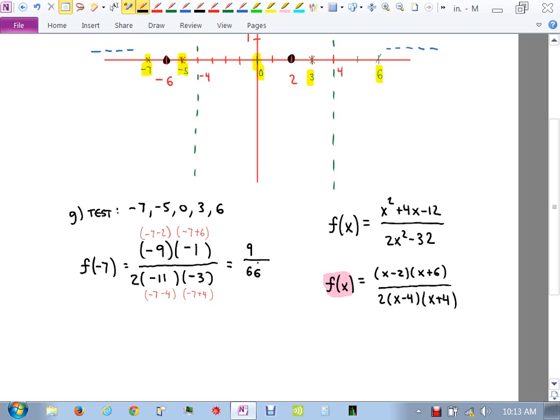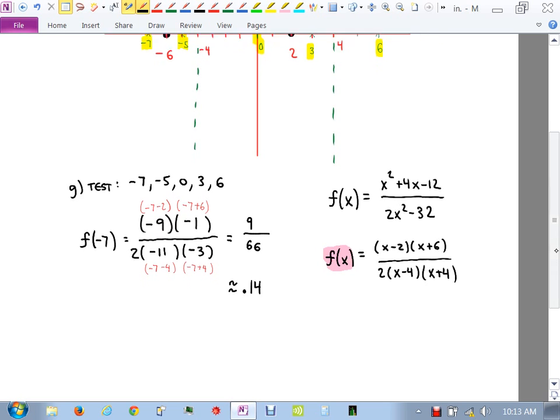It's 0.136. I'll just say approximately 0.14. That okay? And yes, you now have to test all the other points the same way. So there's 4 more to go. But do you understand what you're doing?